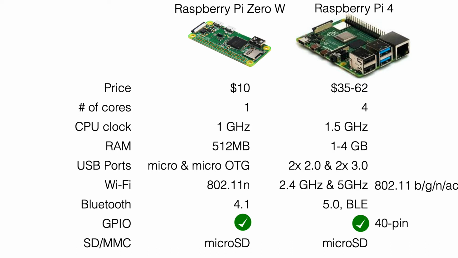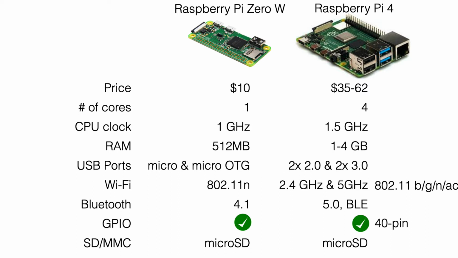The USB ports, well, the Zero uses micro USB ports, where the Pi 4 uses full-size USB ports and has 2 2.0 USB ports and 2 3.0 USB ports that you can see slightly different in the black versus the blue colors of those ports.